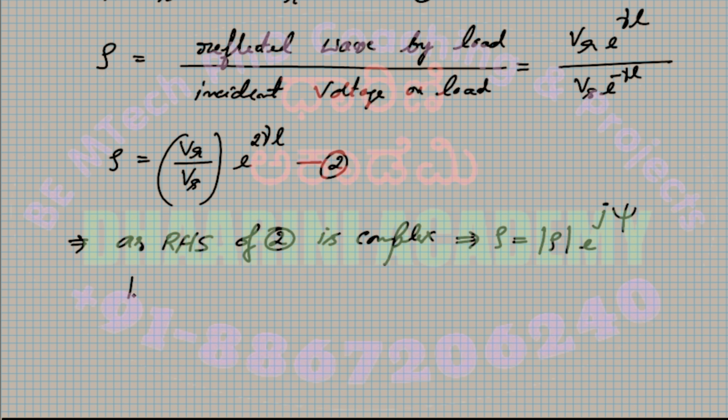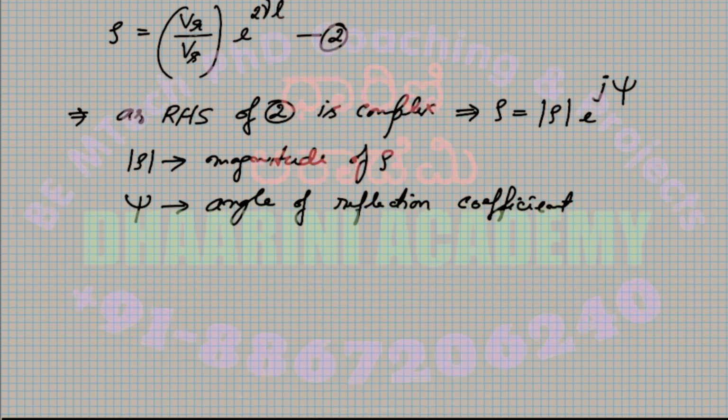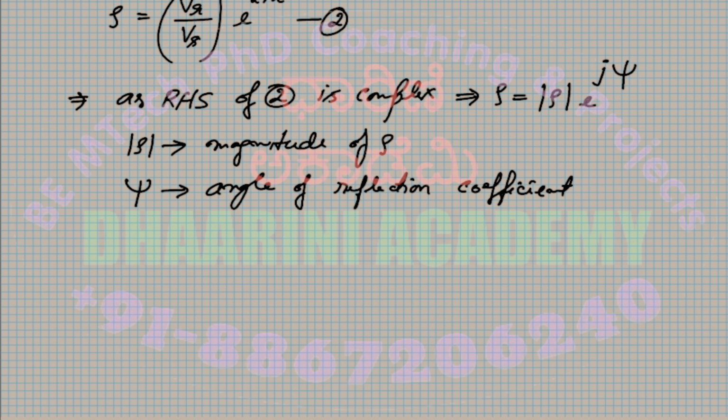Here psi denotes the angle or phase of the reflection coefficient. We will note the same thing when we solve problems on the Smith chart, where we will be able to calculate the magnitude and the phase of the reflection coefficient.